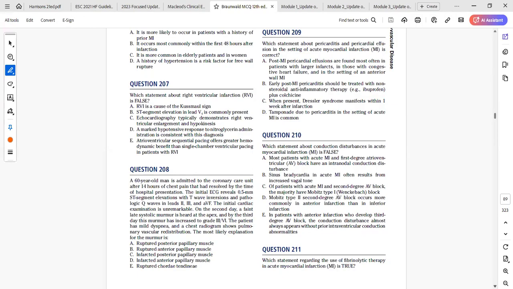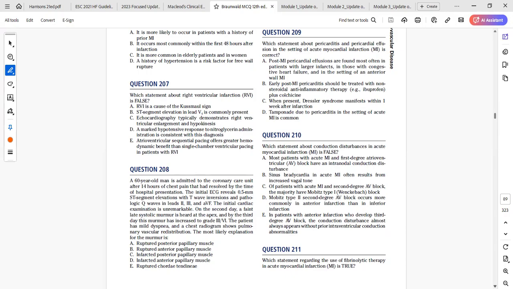Okay. I'll go to question 210. Which statement about conduction disturbances in acute MI is false? A, most patients with acute myocardial infarction and first-degree AV block have an intranodal conduction disturbance. B, sinus bradycardia in acute MI often results from increased vagal tone.